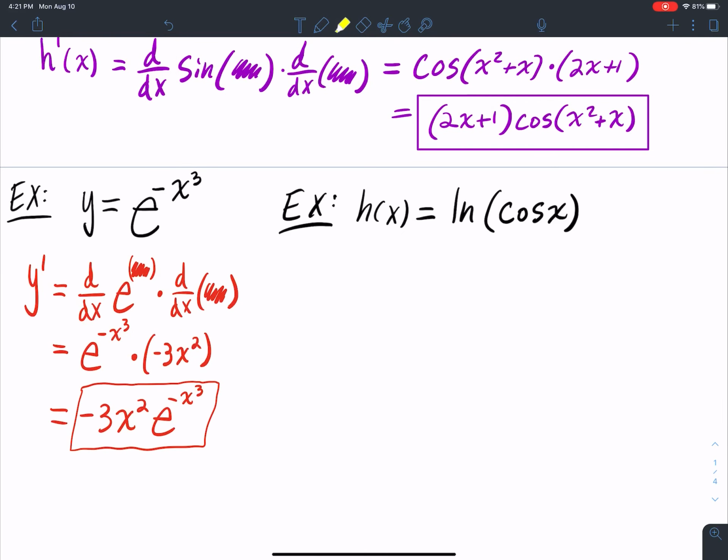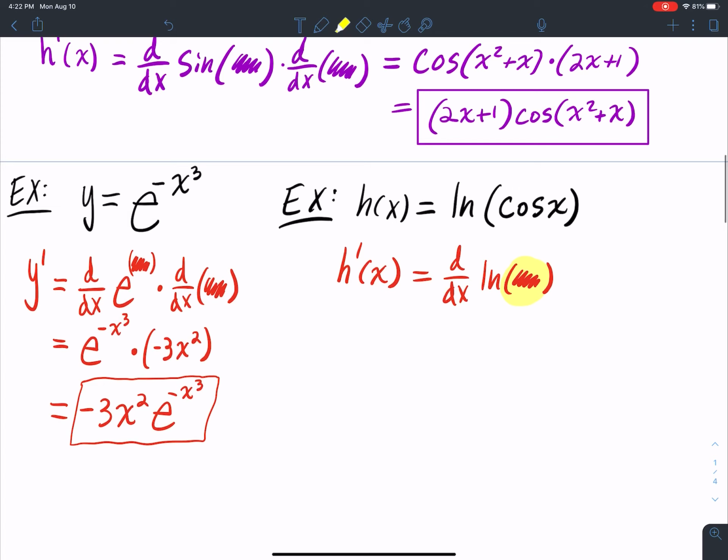Okay. What about this one? This one's a little bit different. Instead of e, it's ln. So natural log, we need to remember the natural log derivative. Natural log of x, when I take the derivative, I get 1 over x. Now, this is not the natural log of x, it's the natural log of cosine, so it's the natural log of some stuff. So it's the derivative of natural log of the stuff multiplied by the derivative of whatever that stuff is.